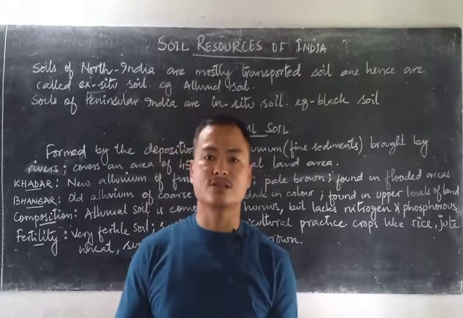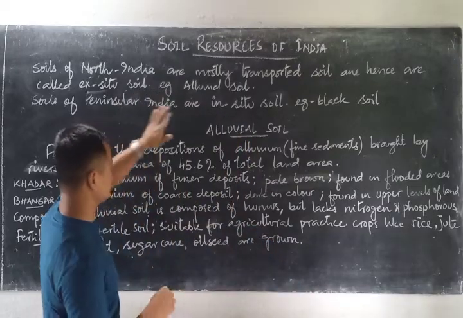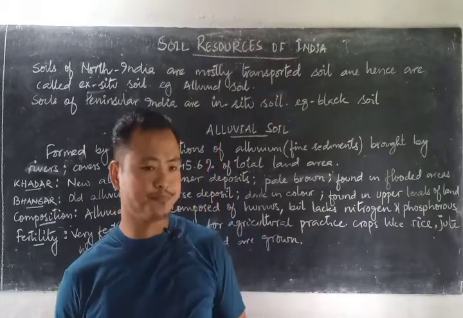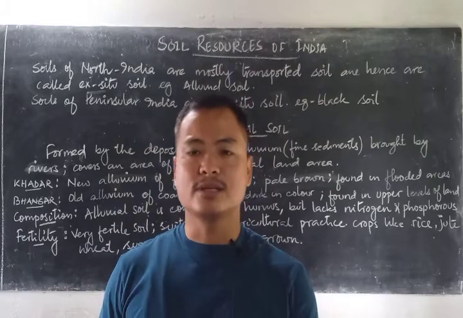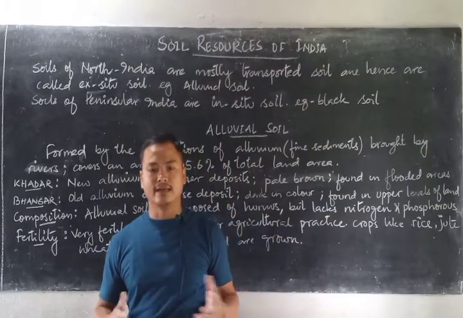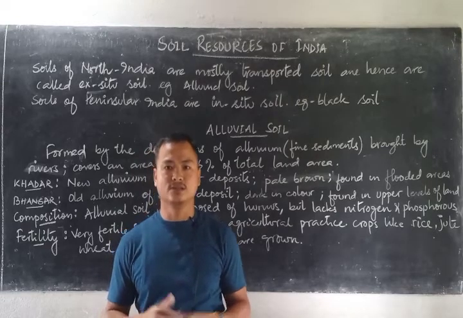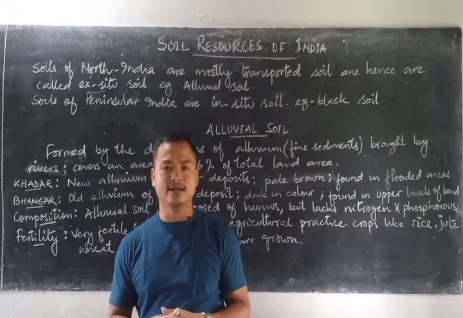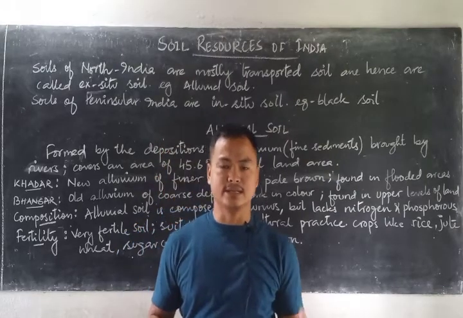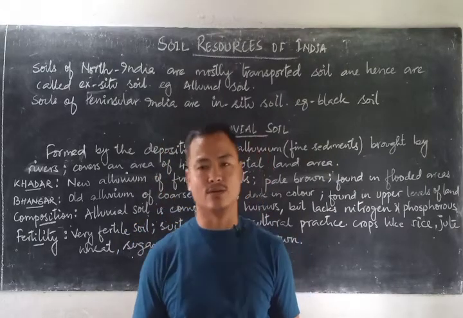Hence, these soils are known as in situ soil. For example, black soil. So this is what we see regionally, dividing India into north and south: in situ in South India and ex situ in North India.